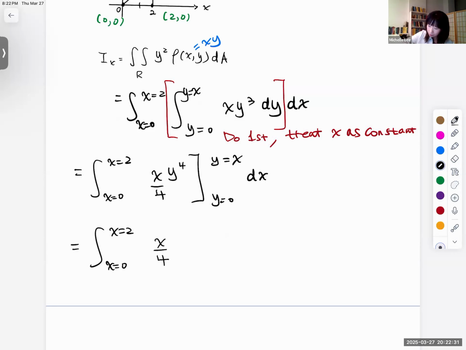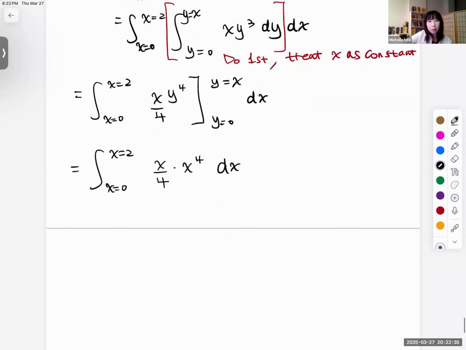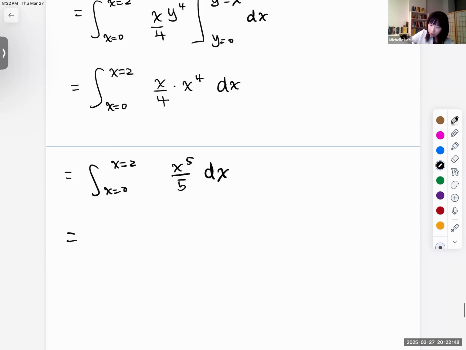That's it. Very simple. So nice. We don't get stuck combining. So we have x to the fifth power over 5. Then integrate with respect to x. So x to the sixth power over 6, 0 to 2. So we have 2 to the sixth power over 6.